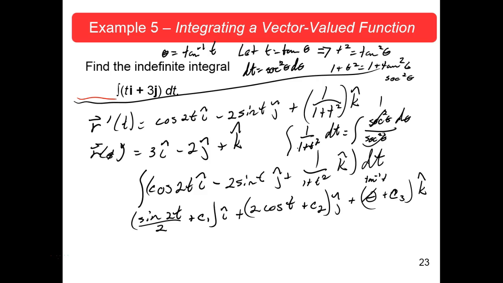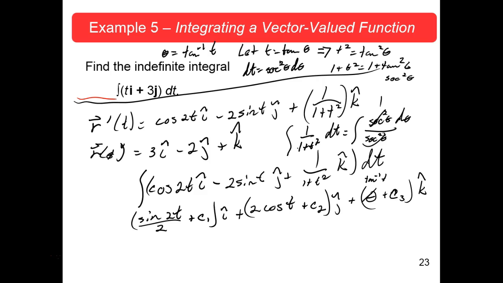Now, here's why I put the C1, C2, and C3 in there where I did. When R is equal to, R evaluated when t is equal to 0, this would be sine of, okay, if t is 0, 2t would be 0, sine of 0 is 0, 0 divided by 2 is 0, so your C1 is 3.